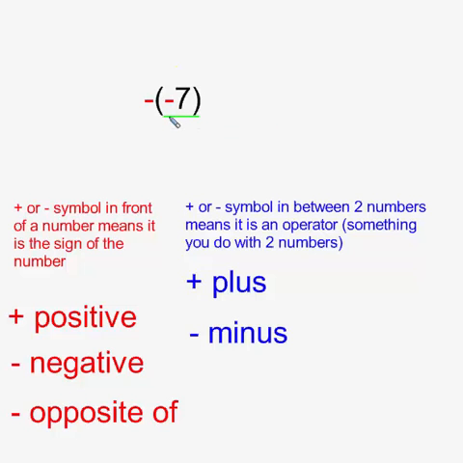Because there's not two numbers, both of these symbols, here and here, you can use either negative or opposite of. But the most common way to say it, we typically use the word opposite of, and for this symbol, we typically say negative. So this would be read the opposite of negative 7, meaning this is the number negative 7, but we want the opposite of negative 7. So the opposite of negative 7 would be the most common way to read this notation.